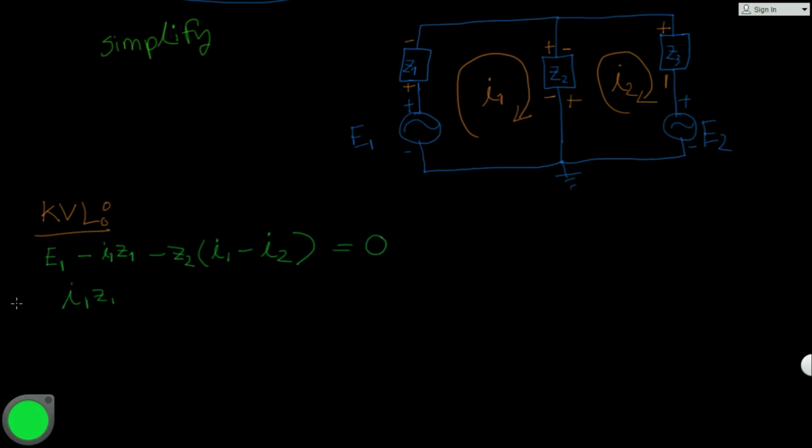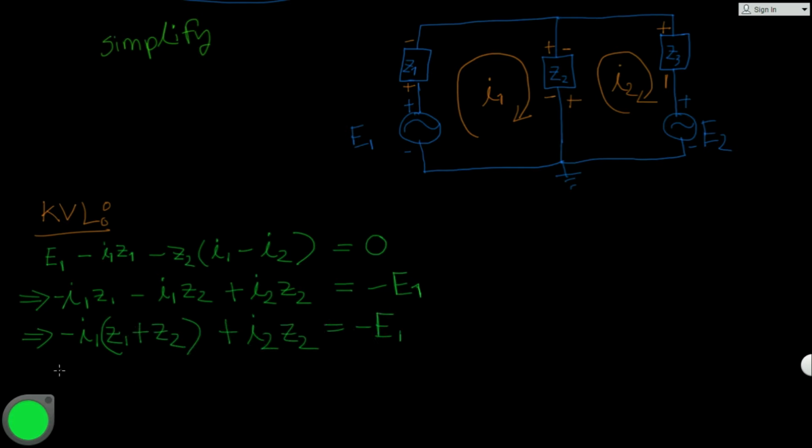This is for loop 1, and we can simplify this equation too. So this is the simplification of loop 1. So you can call it equation 1.